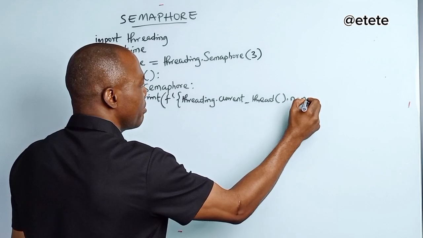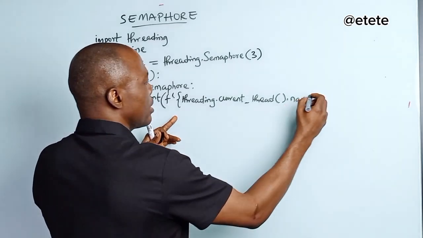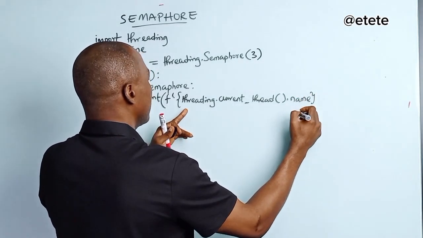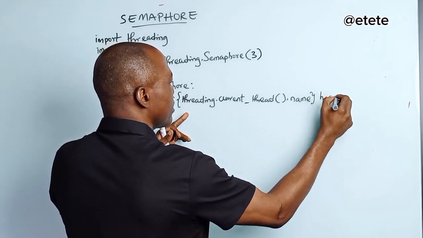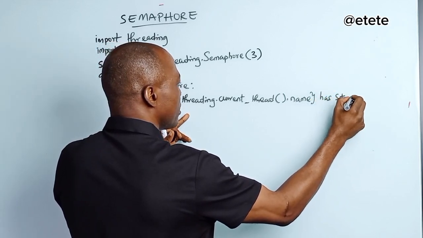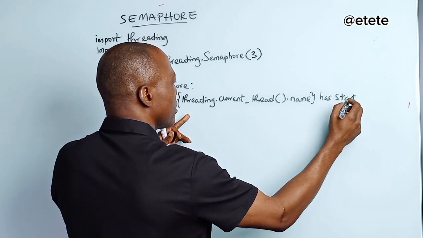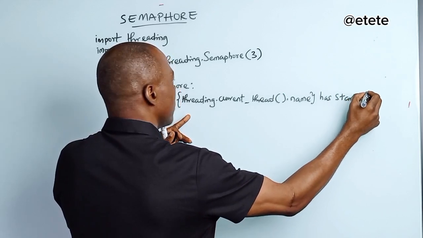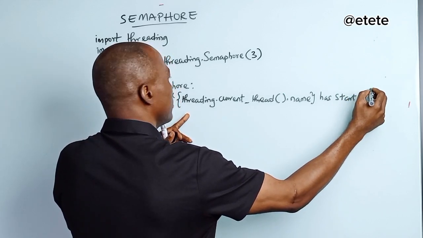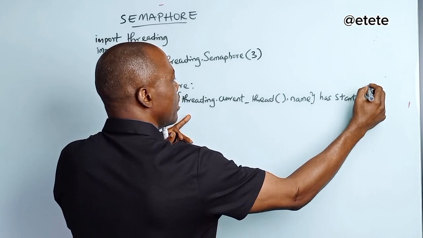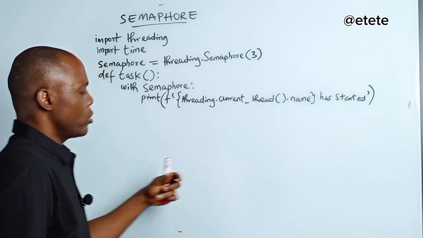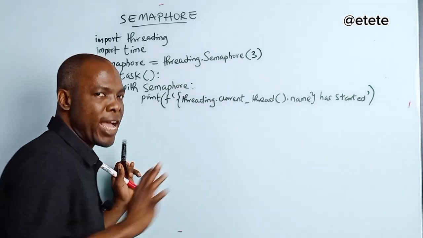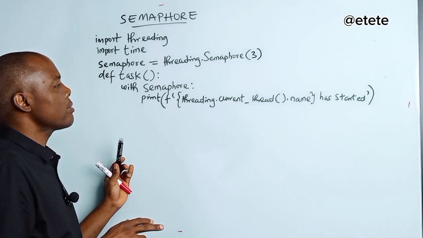I'm accessing the name of the thread. Then I'll add has started. Then I will close this. All right, threading.currentThread.name. So I am assuming this to be the action, right?